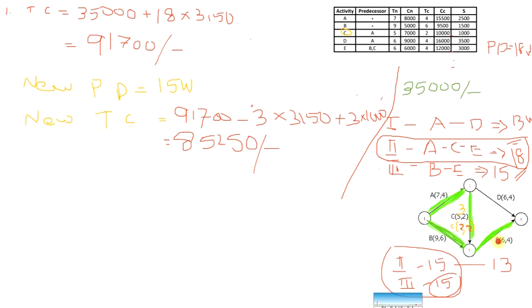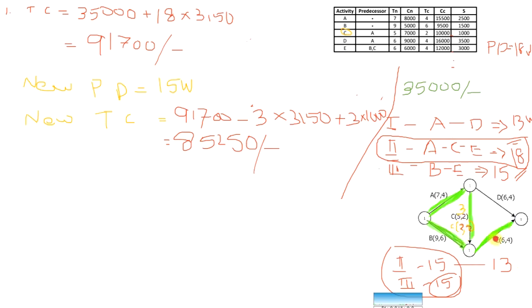Clear? So here, as activity E is common, if you crash activity E by any amount, both these paths will be crashed by the same amount, isn't it?